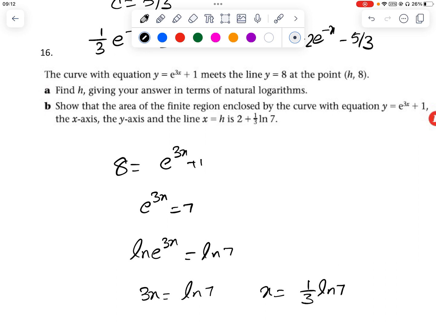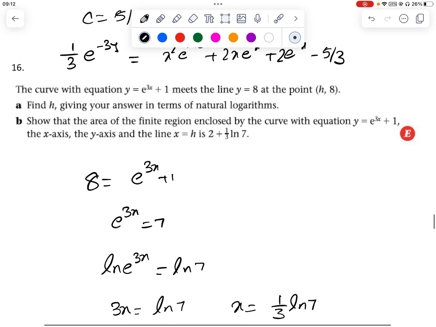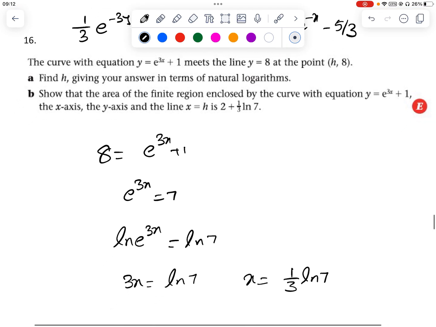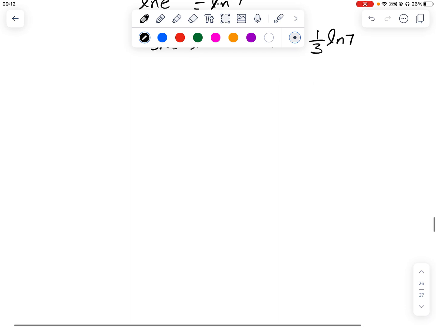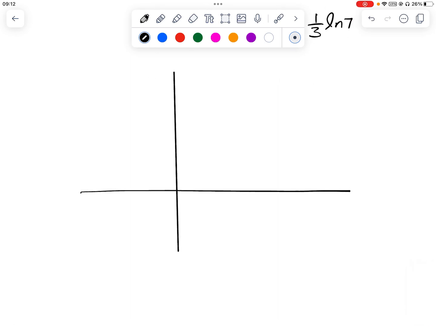Show that the area of the finite region enclosed by the curve, the x-axis and x equals h is this much. So basically, let me draw the graph. It will be somewhere like this.